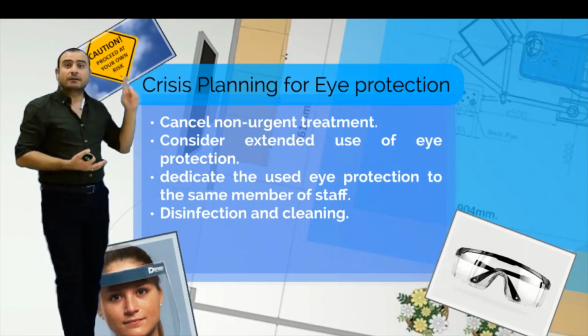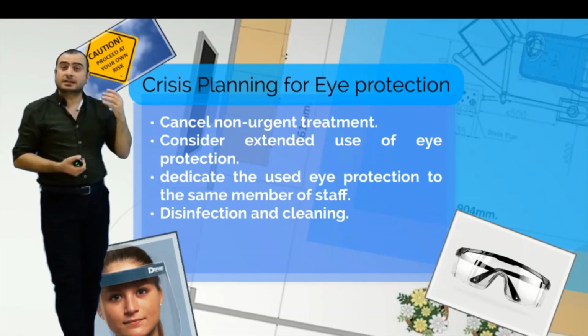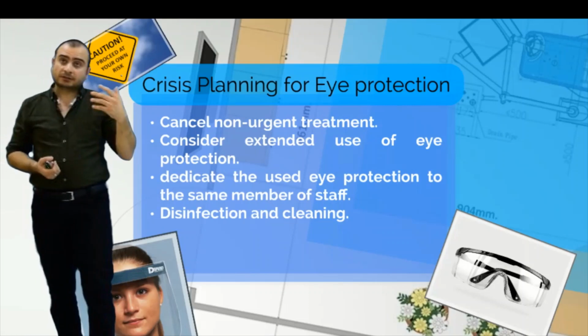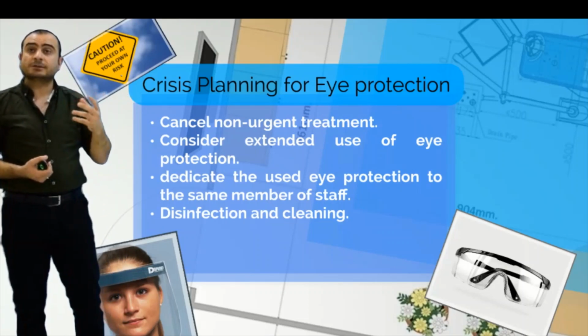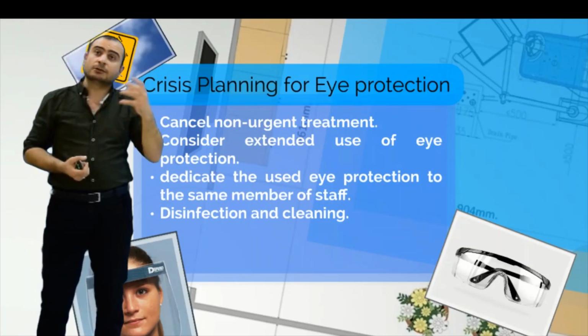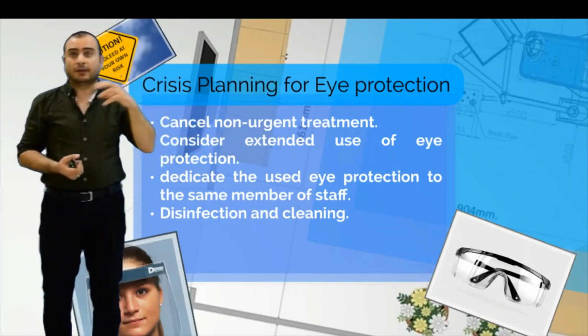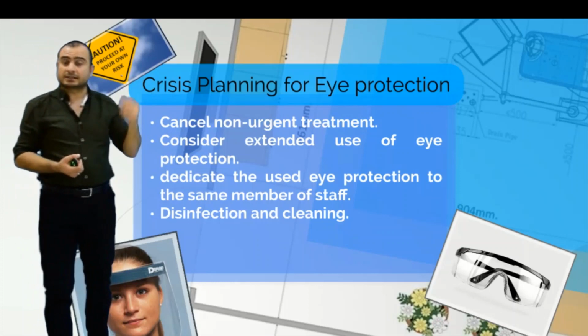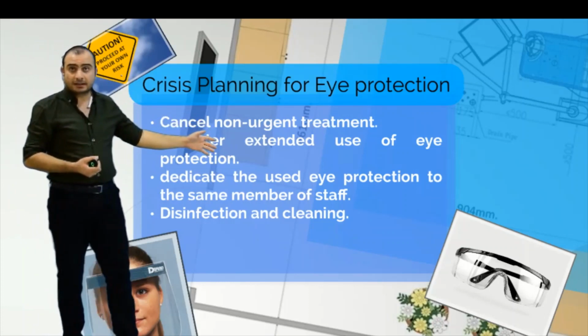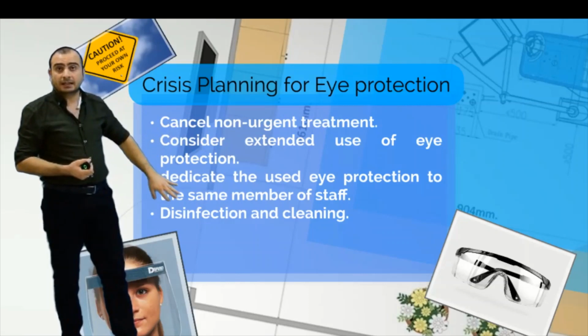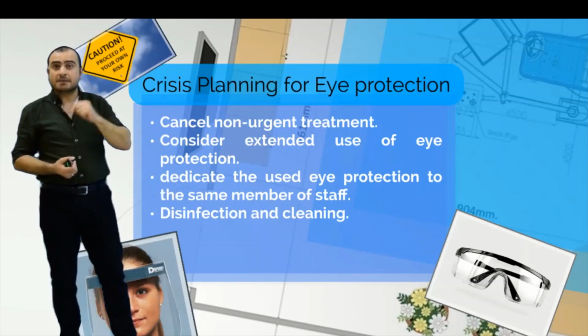But this has some cautions because this might put the healthcare member at a risk of cross-infection, sometimes might carry an infection from one patient to another or from the patient to other staff members. Considering the use of the extended eye protection, it should be dedicated to the same member of staff.